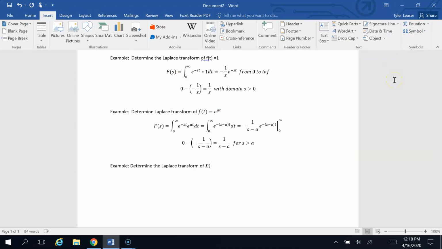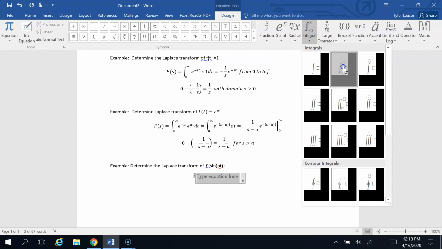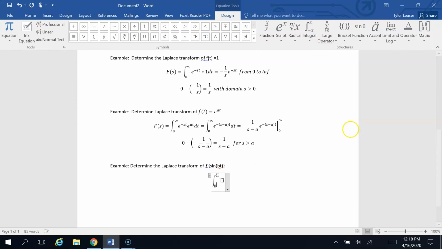So we're trying to find the Laplace transformation of sine of bt. Okay, writing it out like this and writing it the way that we did up here is the exact same thing. This is going to be that infinite integral from 0 to infinity of e to the negative st times our function sine of bt dt.